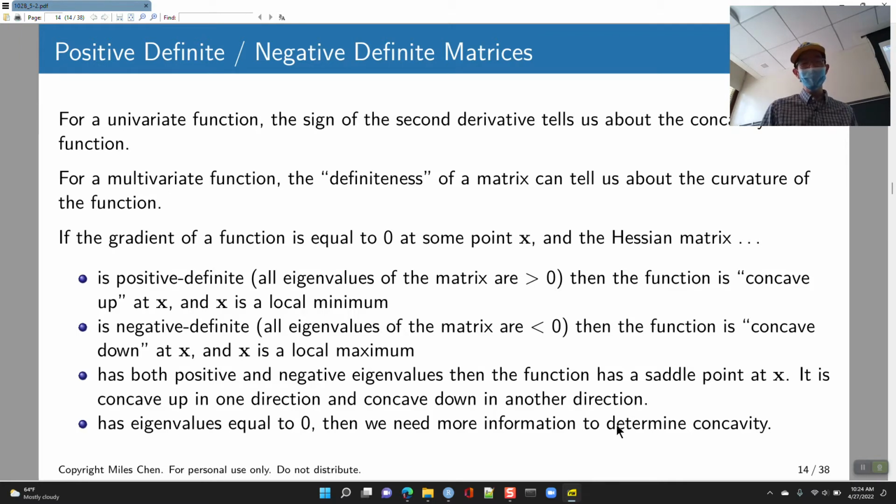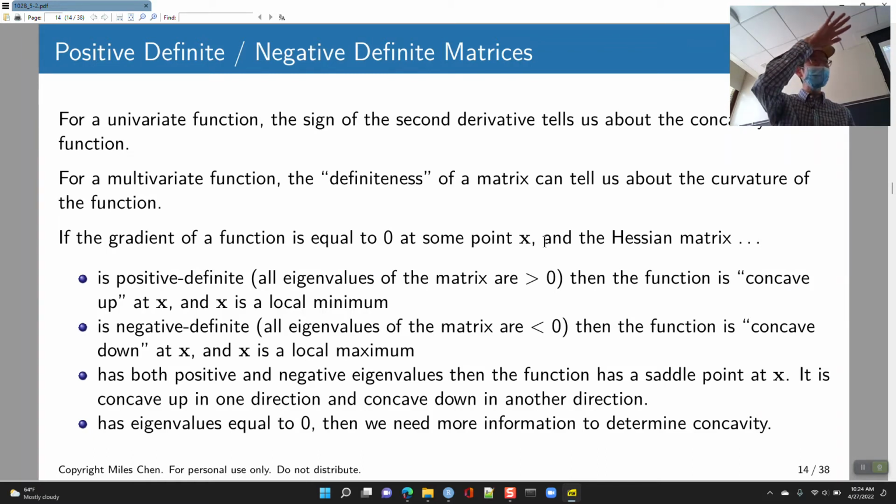We have the definiteness of a matrix: is the matrix positive definite, negative definite, or something like that? That can tell us about the curvature of the function as well. So if the gradient of a function is equal to 0, you're at some kind of local min, local max, someplace where the slope isn't changing.